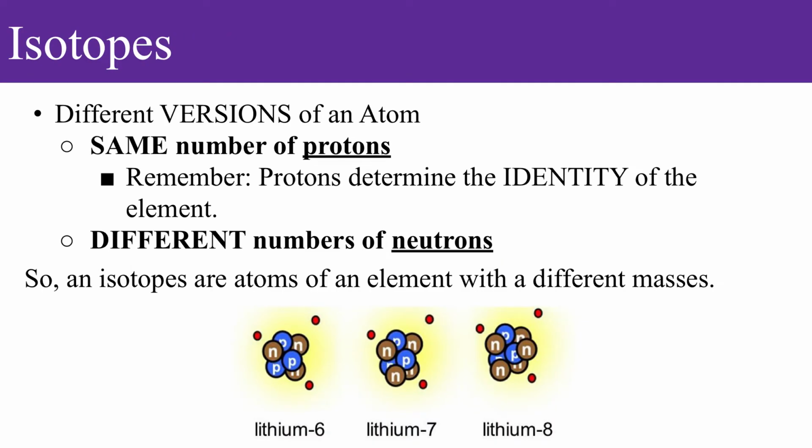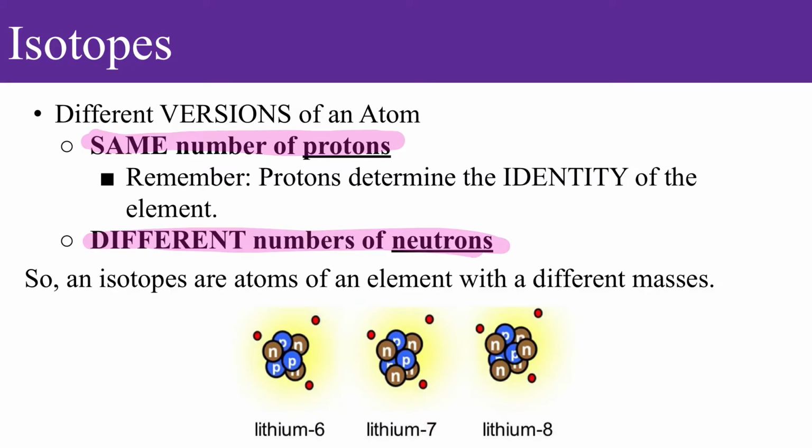Isotopes are different versions of an atom. Isotopes have the same number of protons, because if you change the number of protons, you change the identity of the element. So it's got the same number of protons, but an isotope has a different number of neutrons.